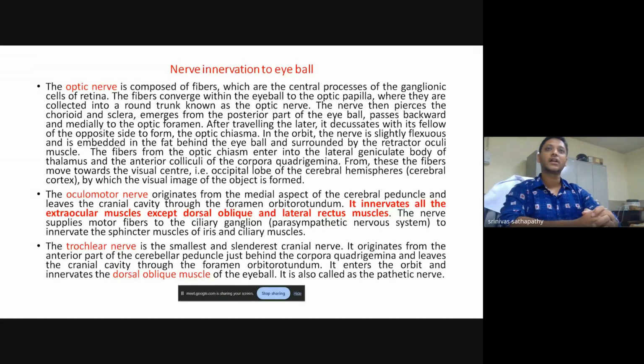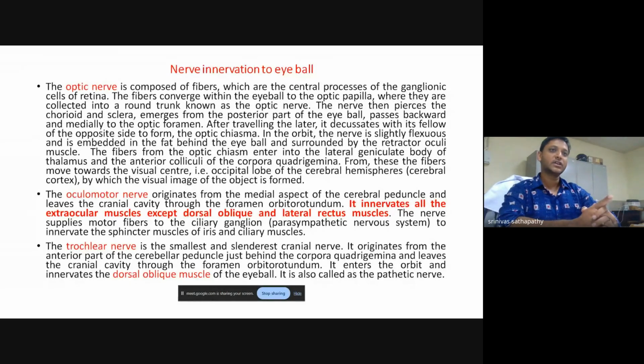Finally, it is connected to the ventral aspect of the brain, forming the optic chiasma. Then the information is passed on to the cerebral cortex for perceiving the visual image of the object. For the optic nerve, the site is the optic foramen. We have to approach the optic foramen during eye surgery for injecting the anesthetic solution.